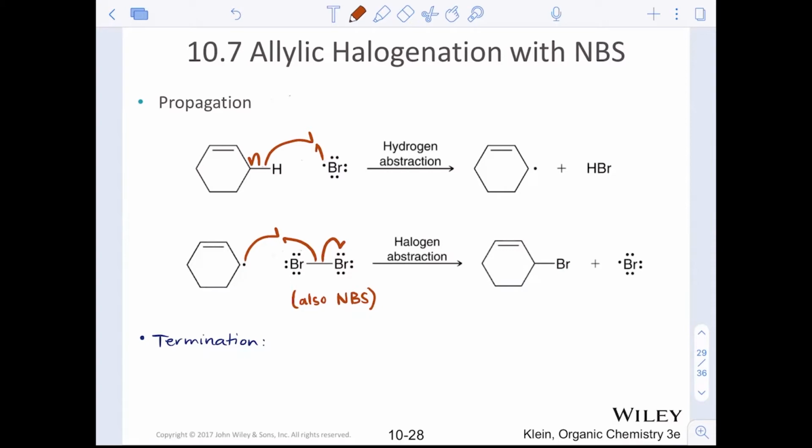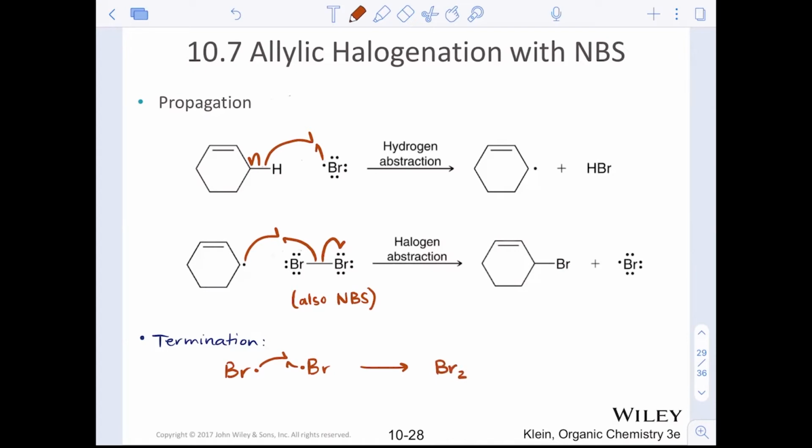Now the termination step is how I'm going to prove that we do have some Br2 in the solution. Remember, a termination step needs to be shown just to say that we've ended this reaction. However, it can involve any two radicals that we want. Just to show you that we do have some bromine diatomic in the solution, I'm going to show you that there is a possibility of a termination step involving two bromine radicals to become Br2.